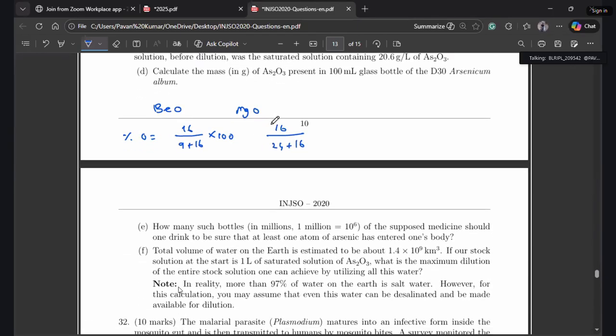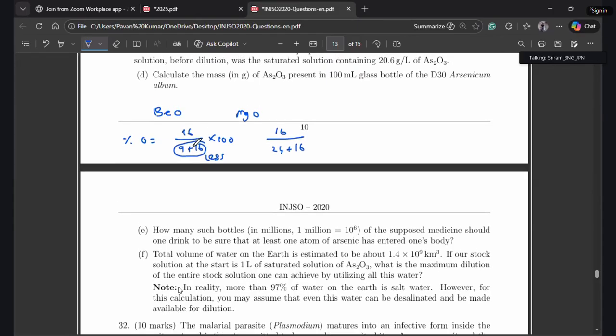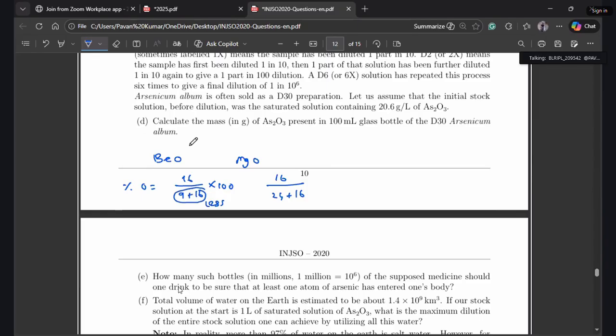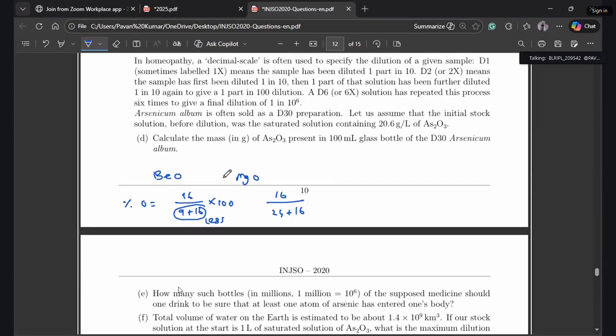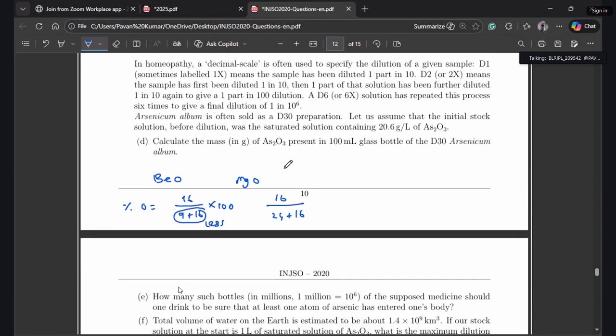Sir, by simply seeing, beryllium oxide has the smaller denominator value, so it will be more. 64 and 40. Sir, because beryllium has a lower atomic mass, oxygen will occupy a higher proportion of mass. Who is telling 64? We will get 64 percent. Yes, sir. 64%.